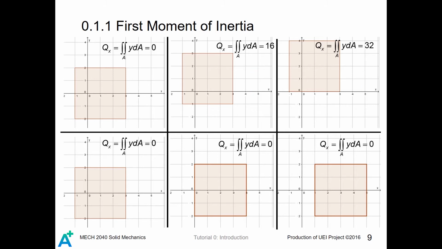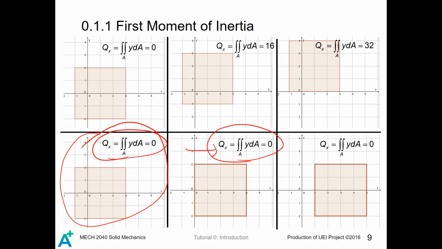As you can see, when this area is transformed horizontally rightward, the first moment of inertia values are all the same. They are zero. Notice that it is zero because this shape is symmetrical about the x-axis. The axis of symmetry is coincident with the x-axis.